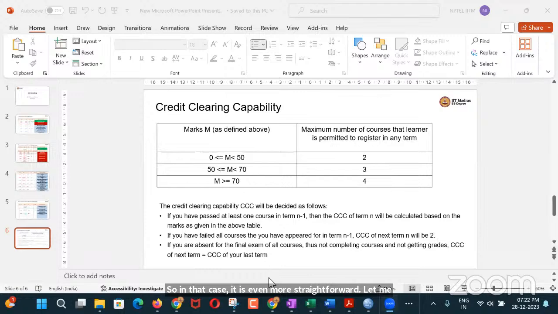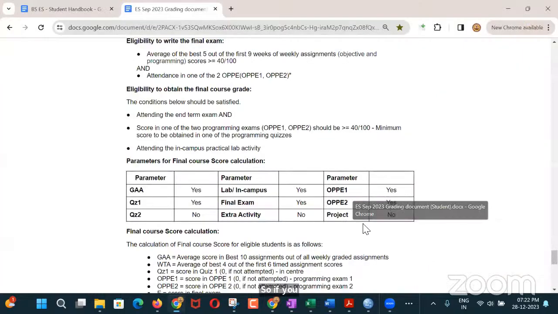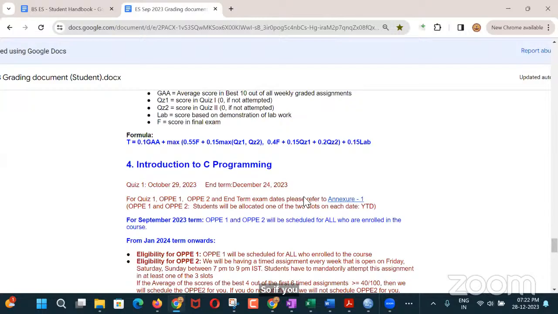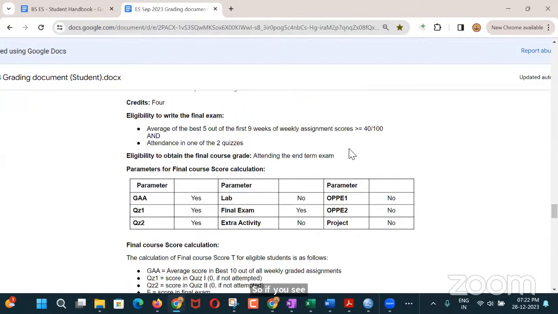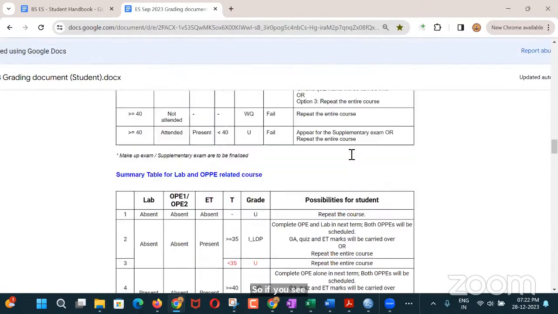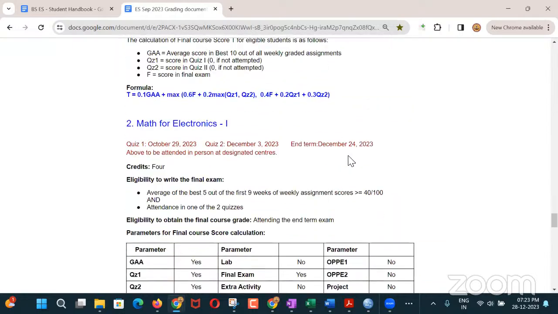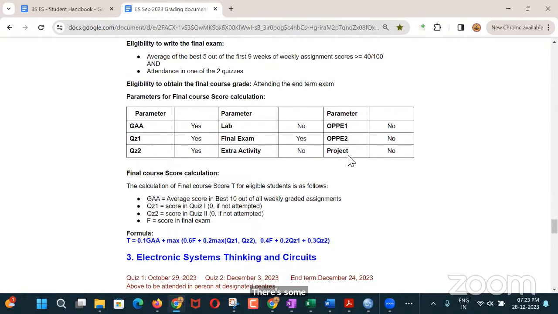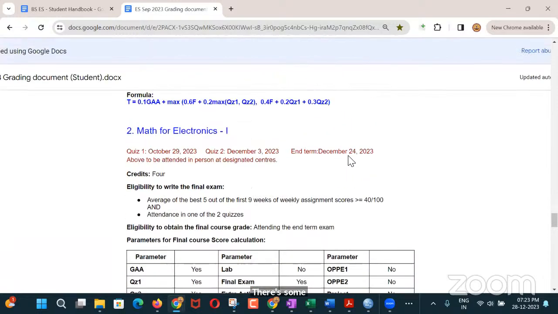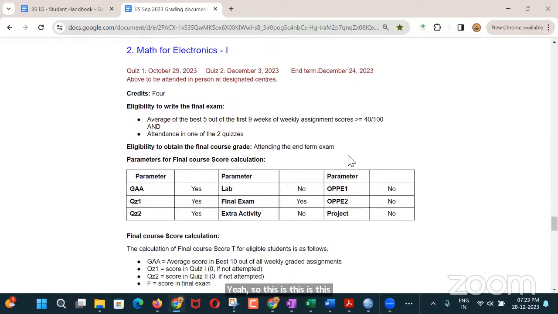Let me share that grading document, not this PPT. So if you see, this is what is there for the maths.